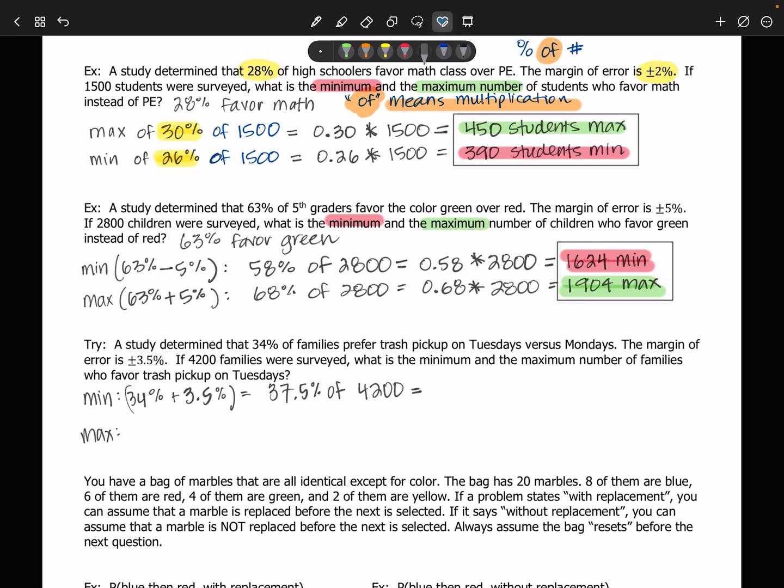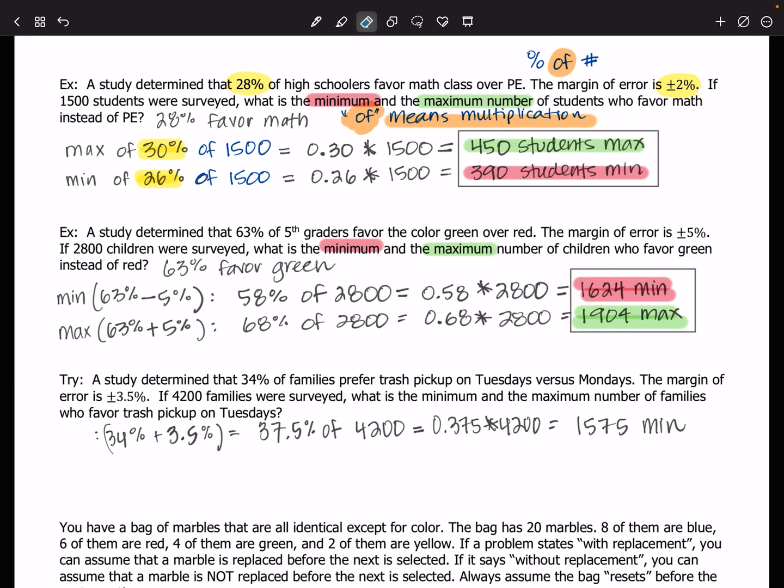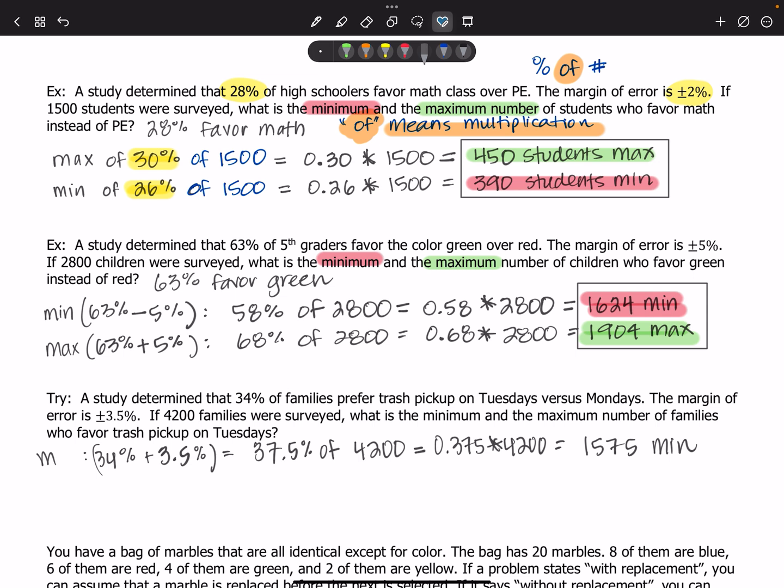And I actually put that in my calculator wrong, so I'm going to do a quick calculation here. 0.375 times 4,200. I got 1,575 for a minimum. Maximum, that's a maximum, because I added first, so that would be a maximum.